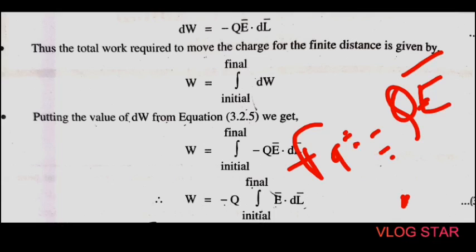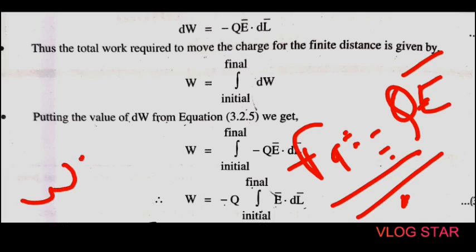That means we are applying a force equal and opposite to that exerted by the field, and this requires us to expend energy. So we are doing work to move the charge against that electric field. Work is defined as force acting over a distance, that means W is equal to force into displacement.